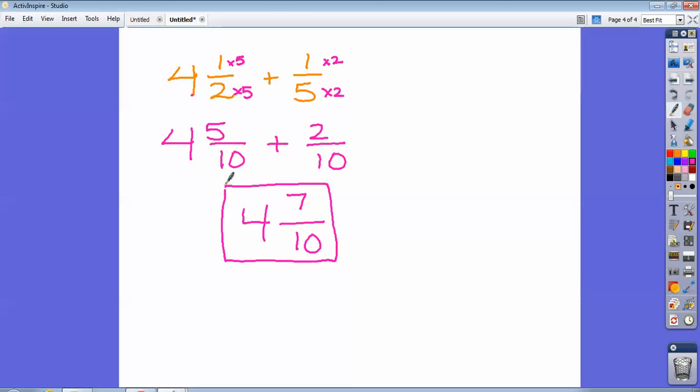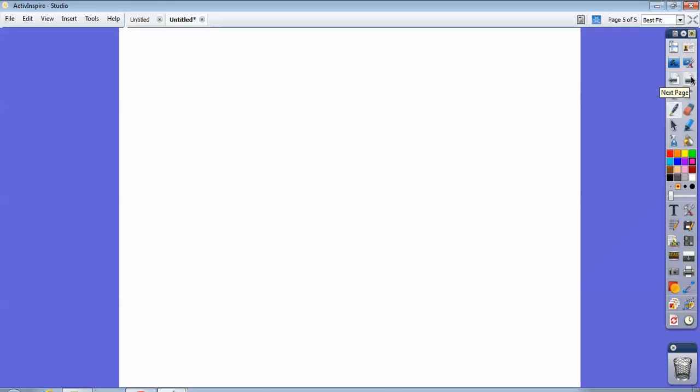Okay, we're going to do one more where I have to simplify. So let's try 3 1/2 plus 2/3. Okay, I'd like for you to solve 3 1/2 plus 2/3 following our 5 steps, and then we will compare answers.